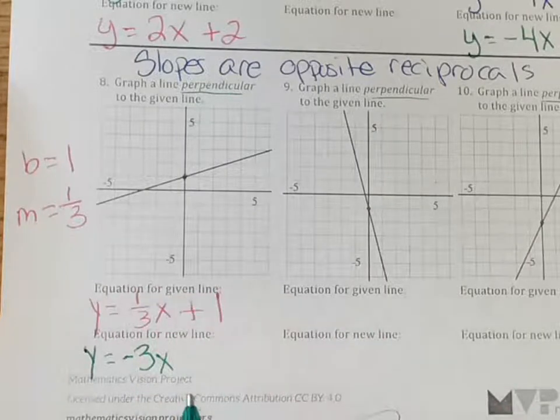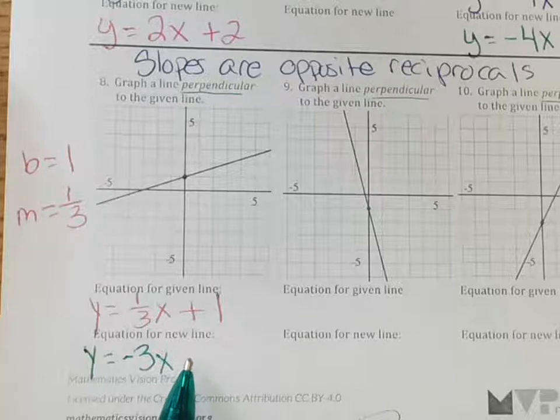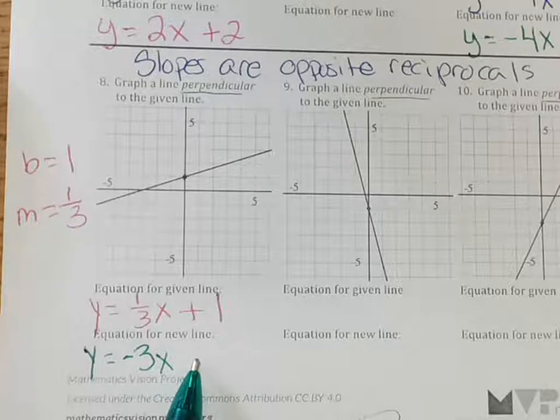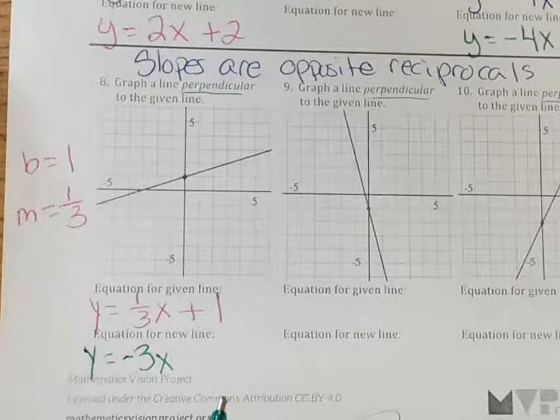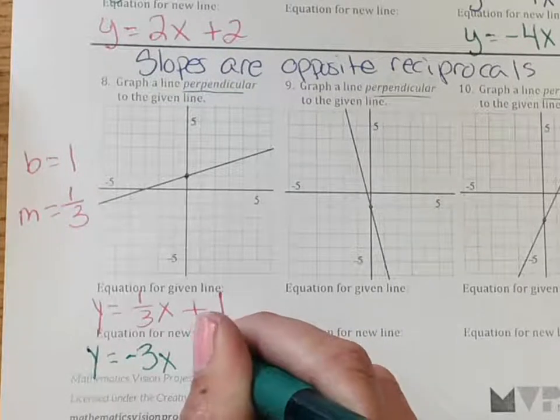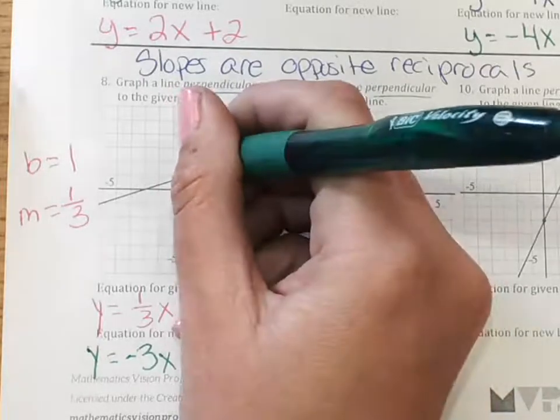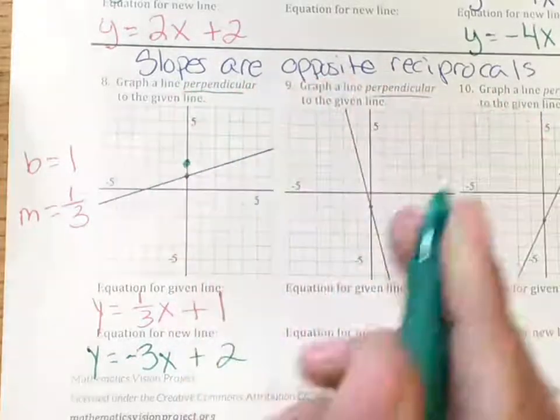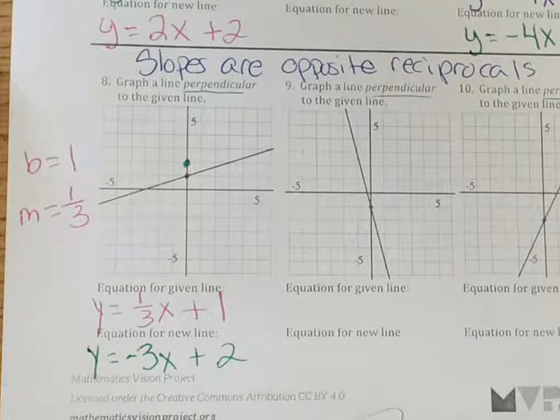And then once again, you can choose any y-intercept that you would like. I don't know. Let's just do 2. Okay, 2. And then my slope is -3.